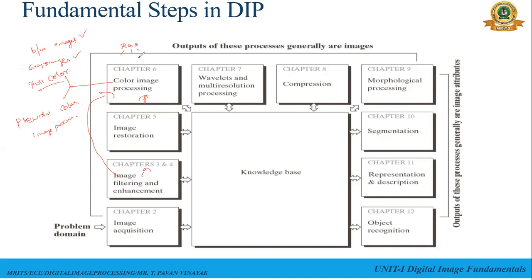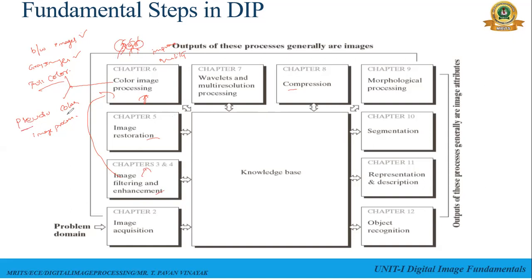We modify these colors to improve the quality of the image. We perform the techniques we have, such as compression, acquisition, restoration, and filters, directly on these basic colors. By modifying these colors, we enhance or restore. That is full color image processing.